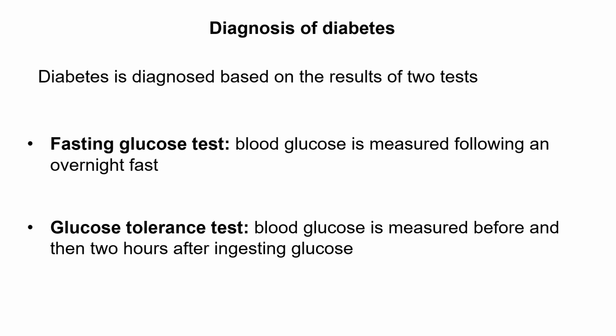And then 2 hours after drinking this sugar bomb, is a way to think about it, we take their blood glucose again. And then if their insulin is working properly, then their blood glucose is below a certain level. And if their blood glucose is too high, it suggests that they have diabetes because they are unable to adequately control their blood glucose level.